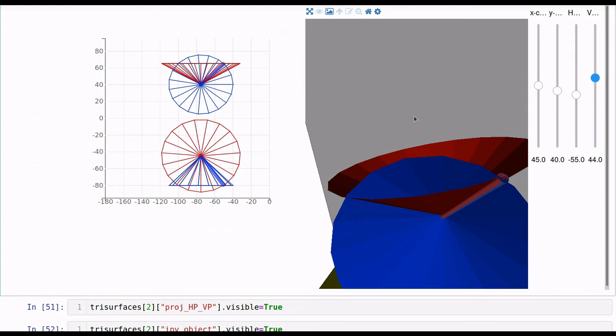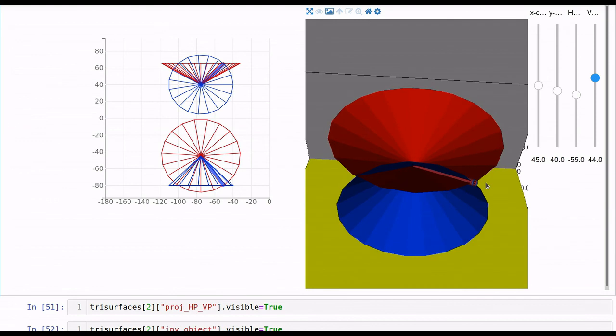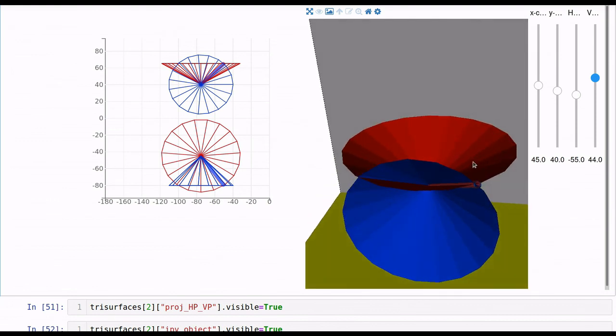Just as in the spatial view we are looking at the intersection of the two cones, whatever intersection is happening in the HP and VP also represents the intersection of the cones in the spatial view, and our lines, that is AB1 and AB2. Earlier we didn't know how much to rotate, so we just had the locus.